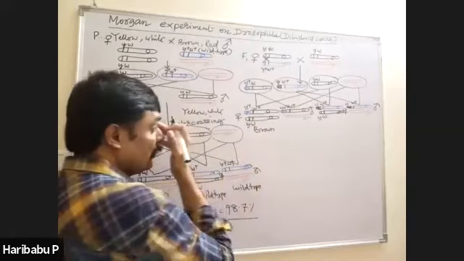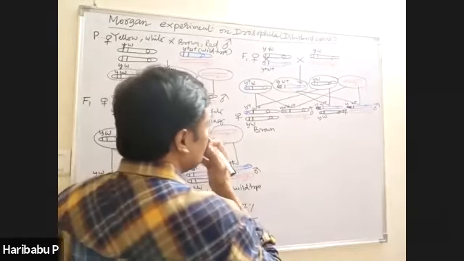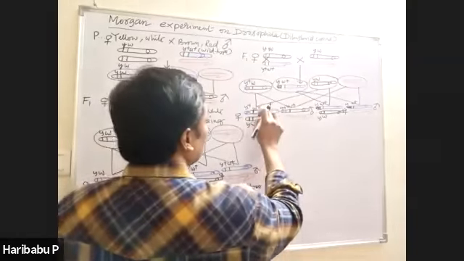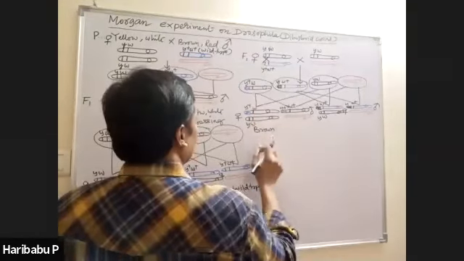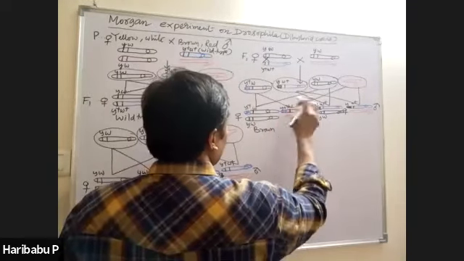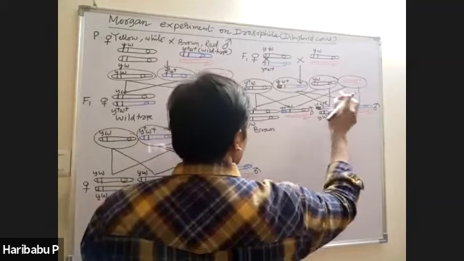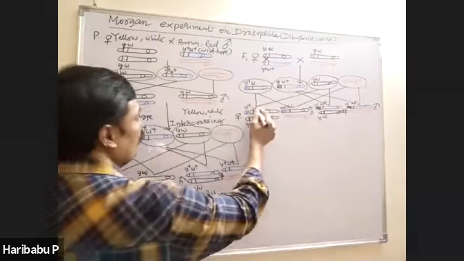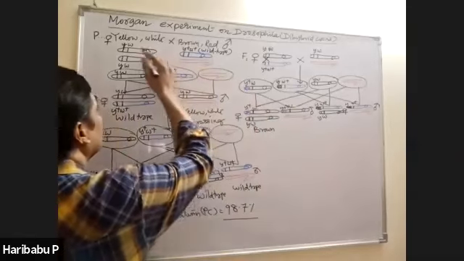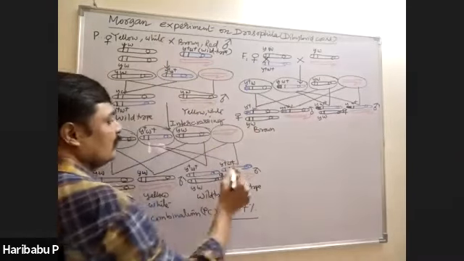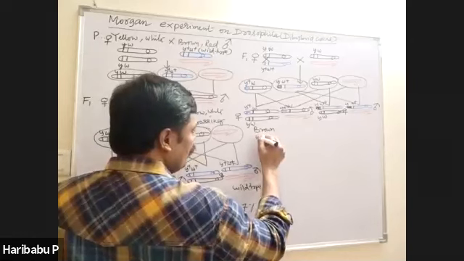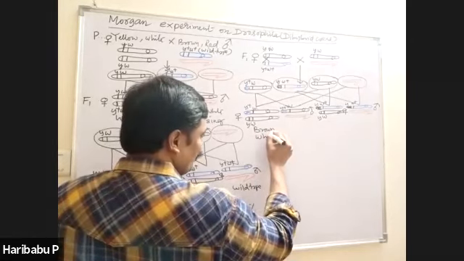Then Y plus W only. Y plus W, YW plus. Right. That is right. Now here, what is W? White. Therefore, brown, white. Brown, white.